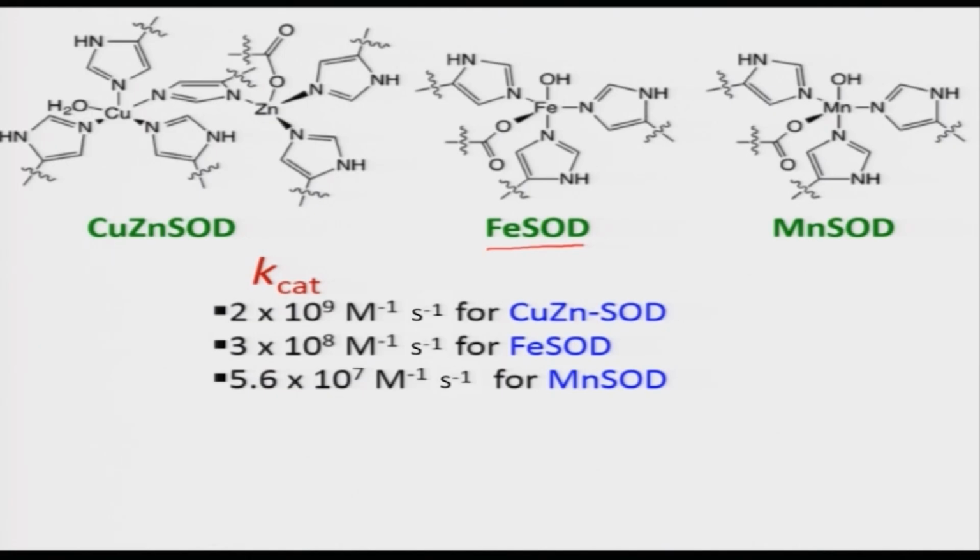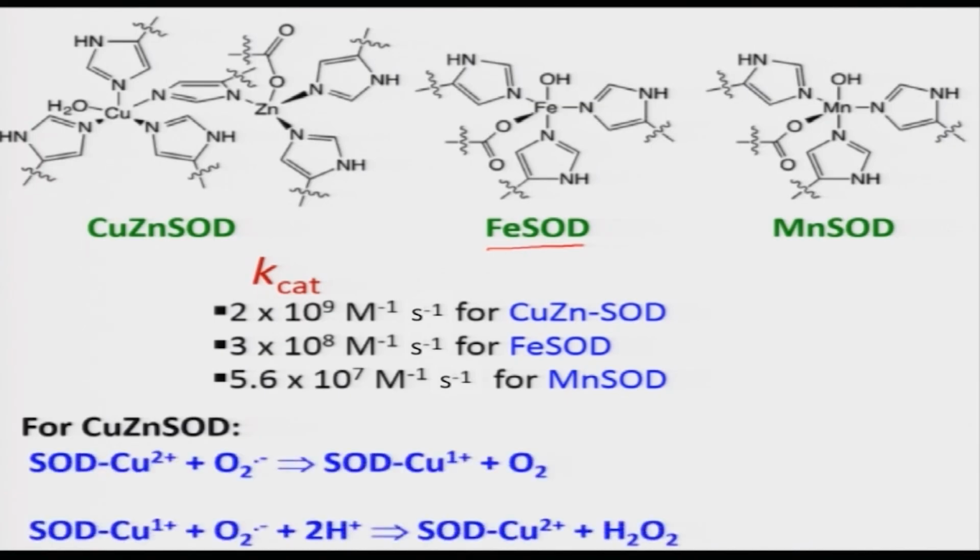this rate of conversion. Copper zinc SOD, what is happening? The proposed mechanism is as follows: copper goes by mechanism 1, as I have already told you, copper 2+ undergoes a reduction to copper 1+, while O2^- superoxide undergoes an oxidation to O2.